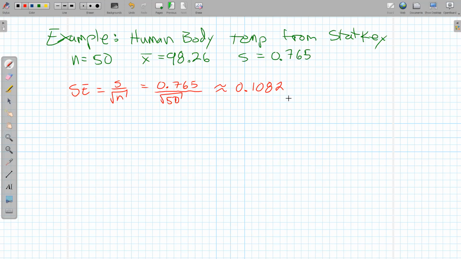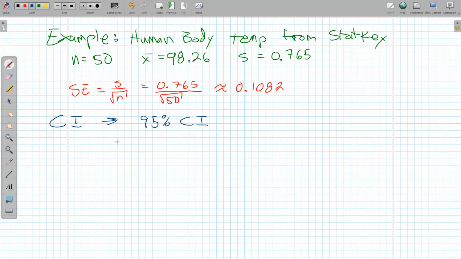If I wanted to make a confidence interval on this, I need to know a little bit more information. I would need to know a confidence level, and I need to know the sample data. A typical confidence level is 95%, so let's say we want a 95% confidence interval.